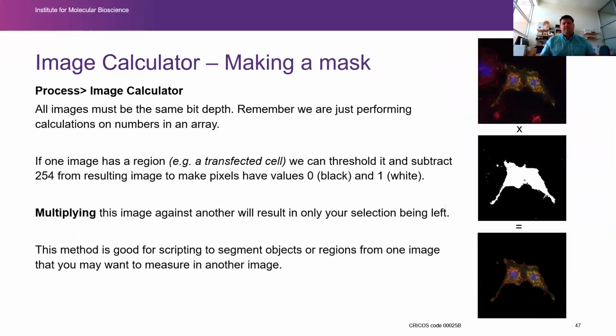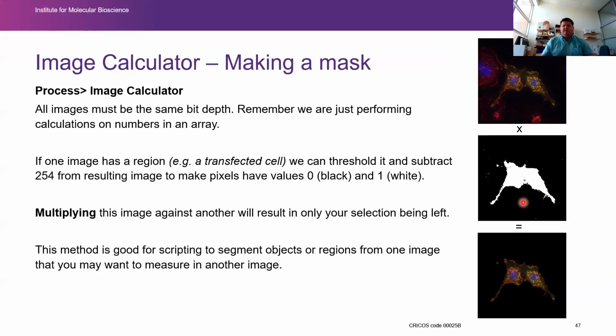So in the first example, as I said, you'd be making a mask. If we had these cells and we wanted to ignore in our quantification this non-transfected cell here and just take the ones that were green positive, we could threshold the green channel and then multiply by the mask of just the green channel, and it would remove that other cell for downstream parts of the quantification.